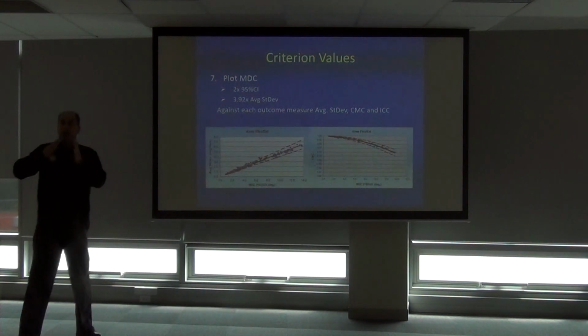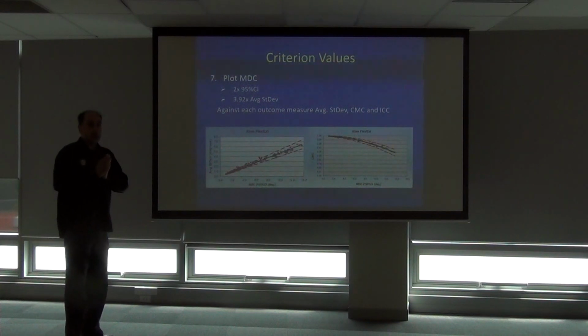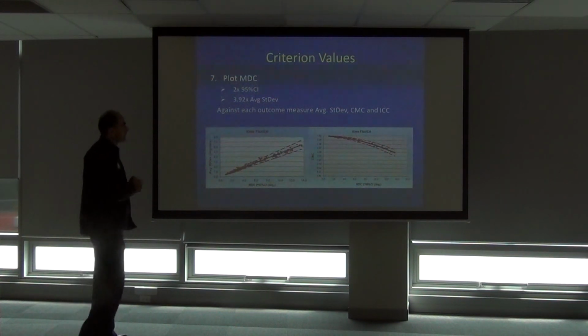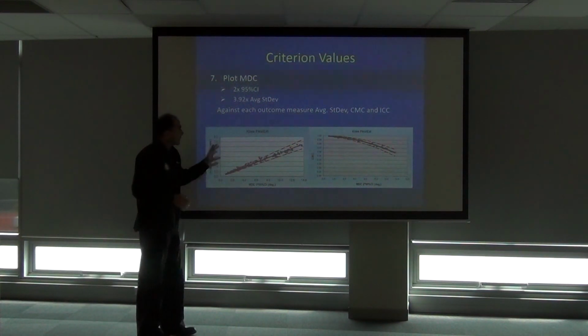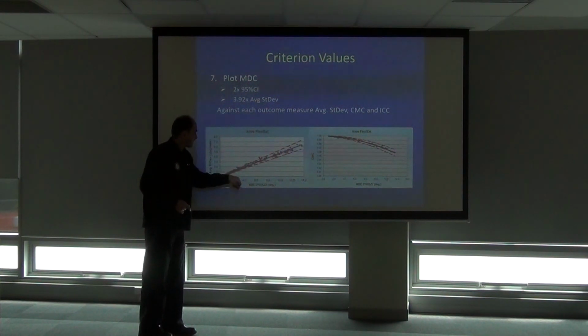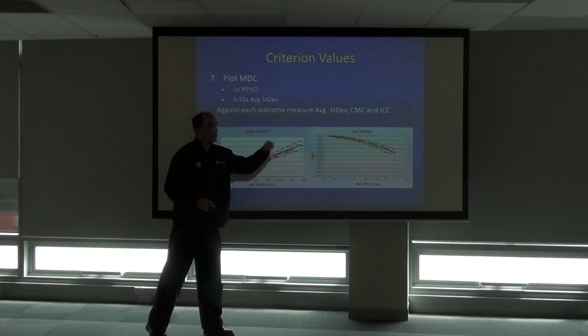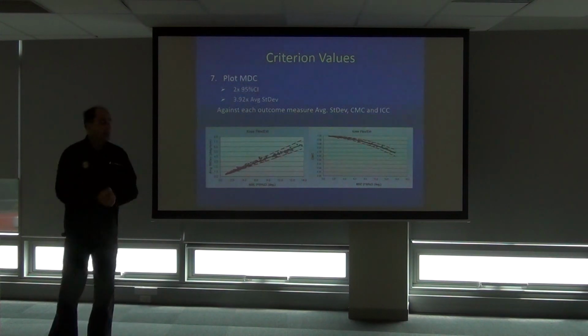So our minimum clinical differences that we decided on for each joint range of motion, from these plots we can plug it in here and see what it corresponded to in the different outcome measures.